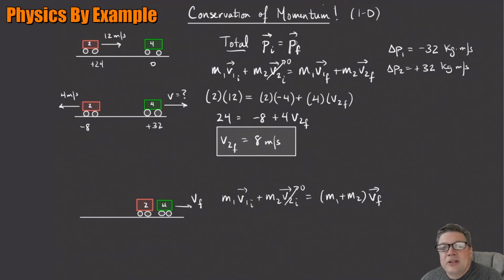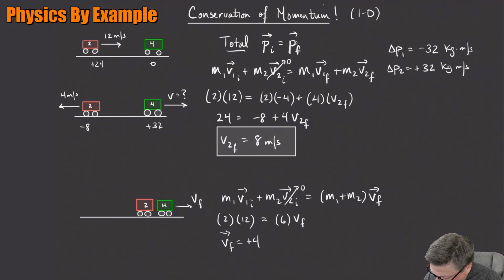They kind of hook together, and they act as a compound object. So I'm going to have my 2 times 12. The next term is 0. And then at the end, I'm going to have a 6, the combined mass of the thing if they stick together, times V final. So V final, in this case, is a plus 4 meters per second if they stick together.